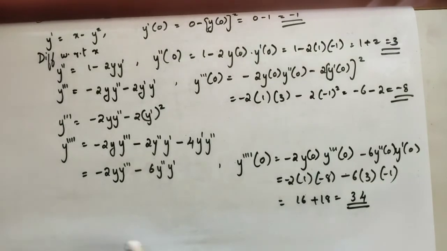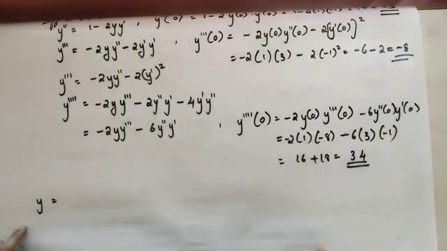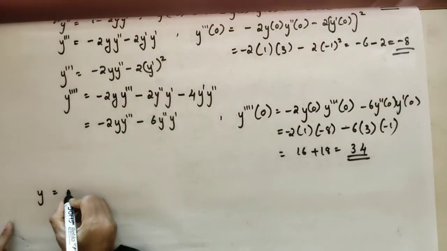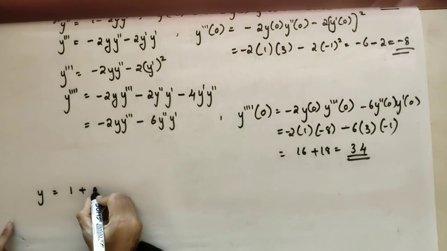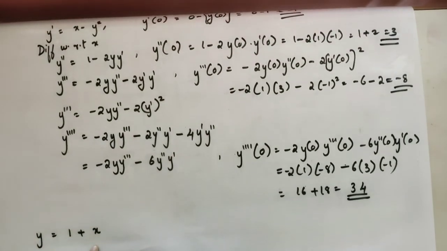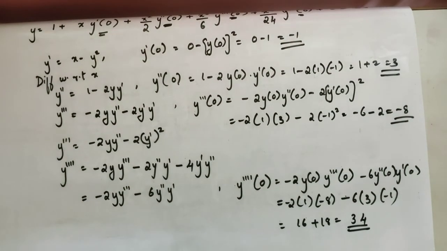Okay, so we have got y is equal to, I hope it is seen there, one minute, I'll just adjust this properly. Okay, so you have y of 0, which is 1 plus x into y dash of 0.